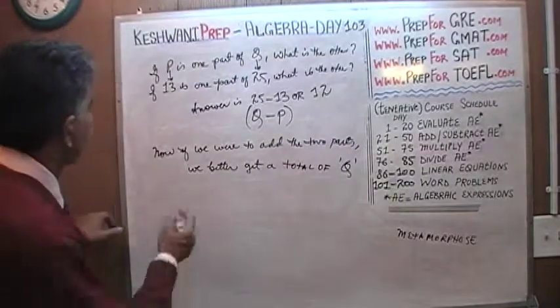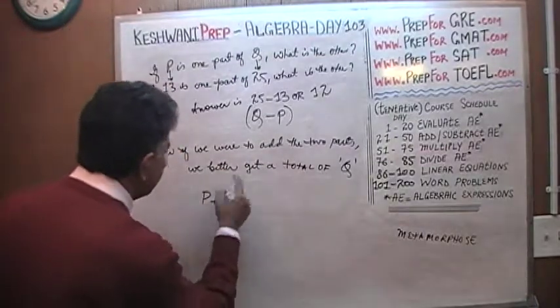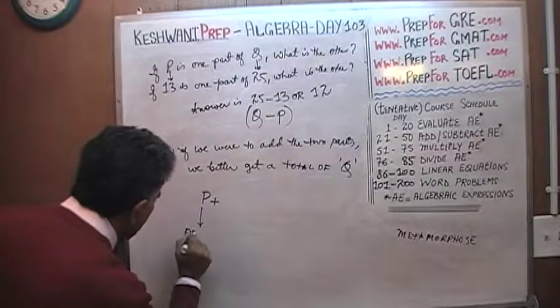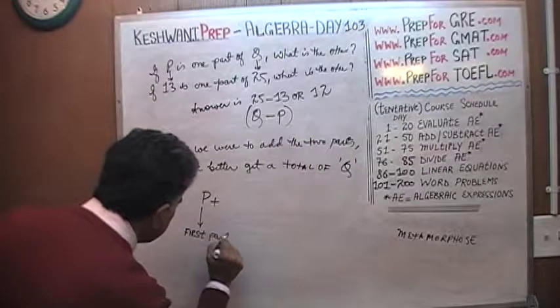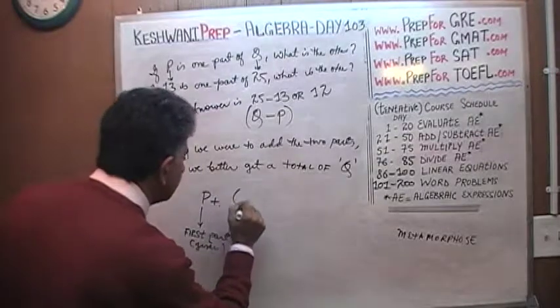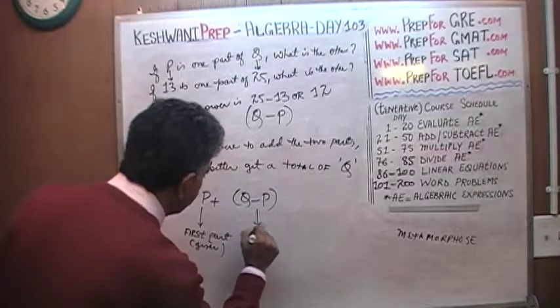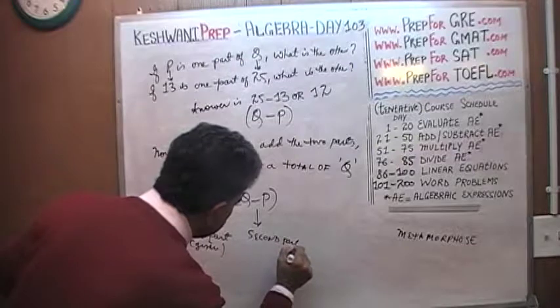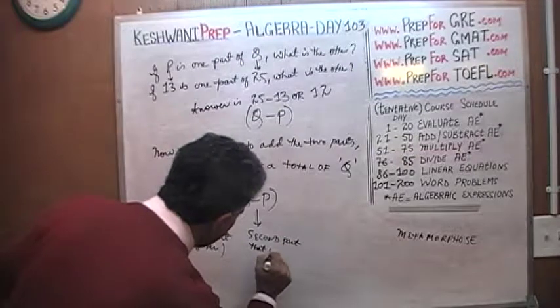Let's find out. So P, which is the first part that was given to us, plus Q minus P, which is the second part that we found.